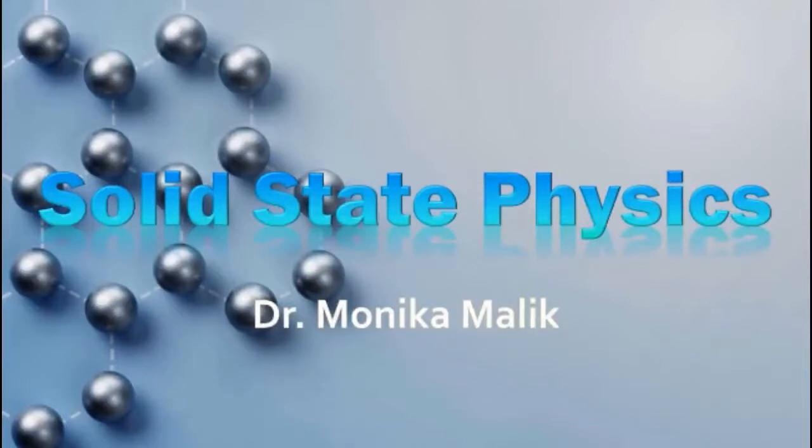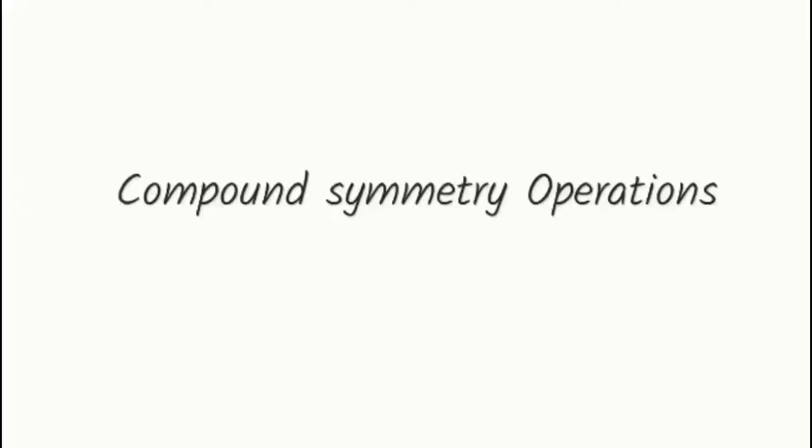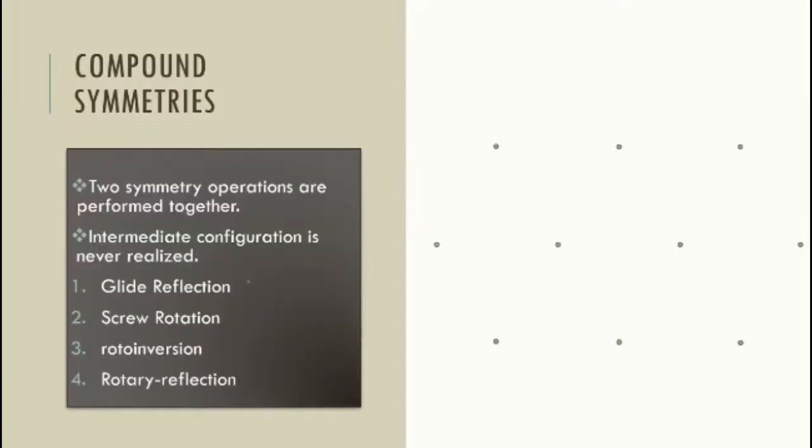Welcome back. Today we will talk about a few more symmetry operations, the compound symmetry operations. The fundamental symmetry operations can be combined to generate new symmetry operations such as glide reflection, screw rotation, roto-inversion and rotary reflection.